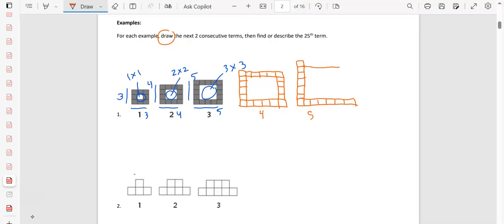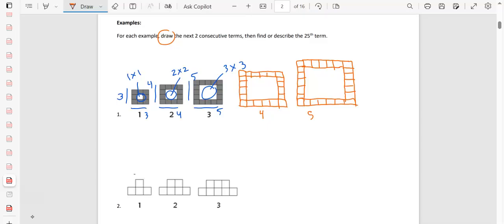Excellent. You could also do this by drawing maybe a large square and then sketching it that way. Kind of whatever works for you, right?